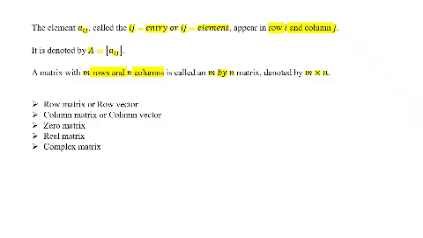Let's move towards the next part, that is matrix addition and scalar multiplication. Here we'll be talking about the addition of two matrices and the multiplication of a scalar with a matrix. We have to keep one thing in mind, that whenever we add two matrices, we can add them only when the sizes of the matrices are equal. So let A equal Aij and B equal Bij be two matrices of the same size.